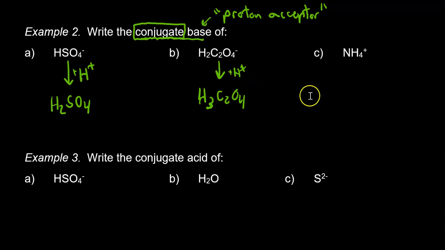And then this one here, we gain an H+. Oh, this doesn't seem to work, does it? This is really weird. So if we gain H+, it would become NH5 2+ because it gains another positive charge.